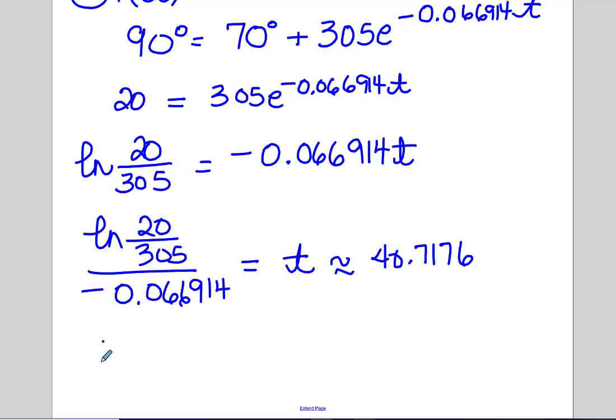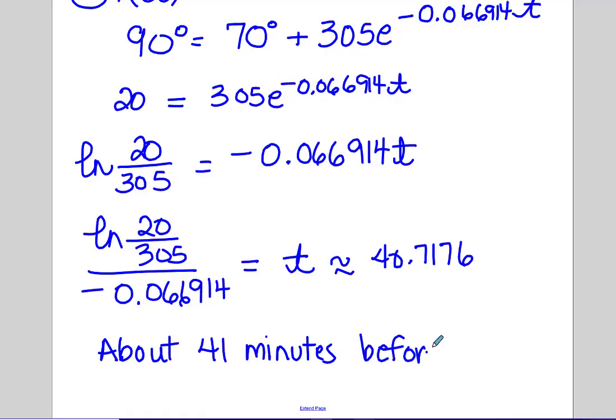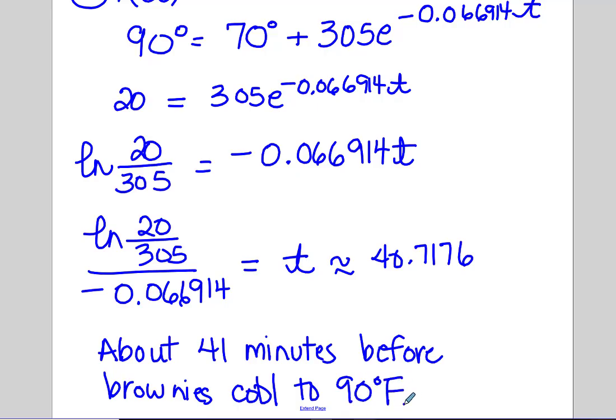So it takes about 41 minutes before the brownies will cool to 90 degrees Fahrenheit. And then you've got a nice cold glass of milk and you're ready to do math homework.